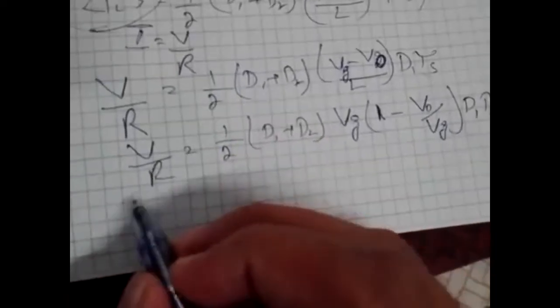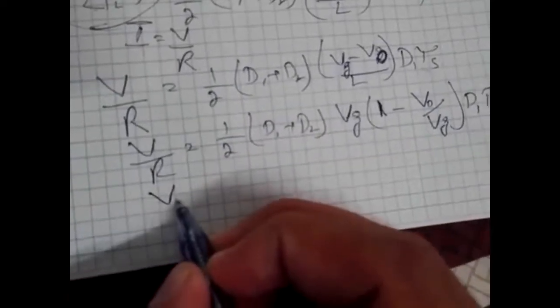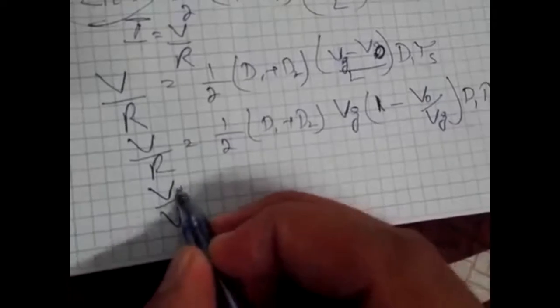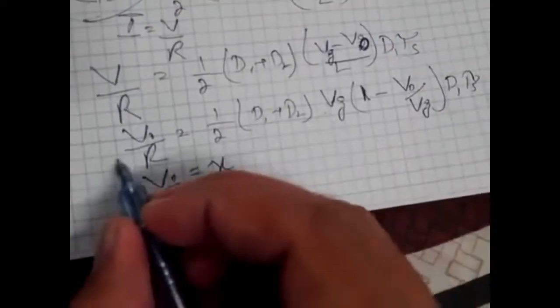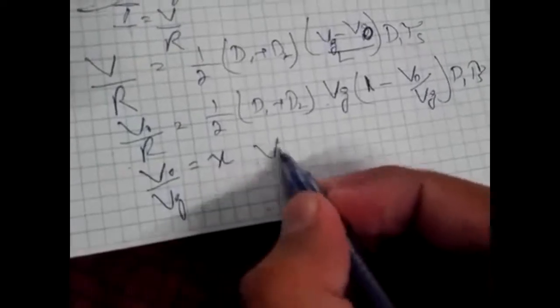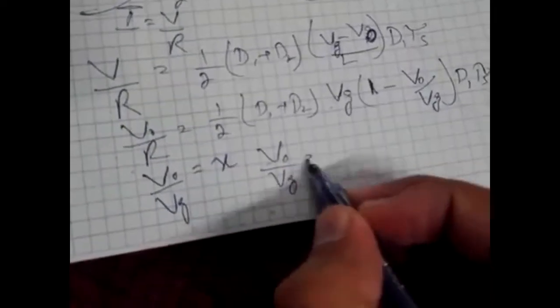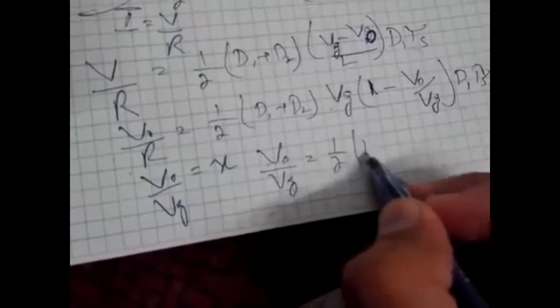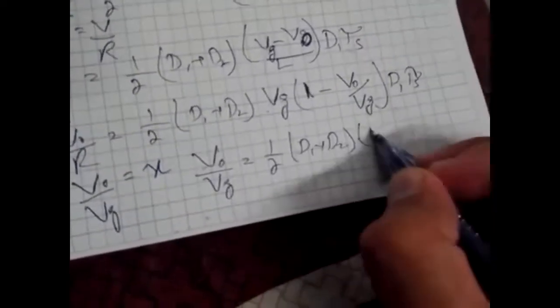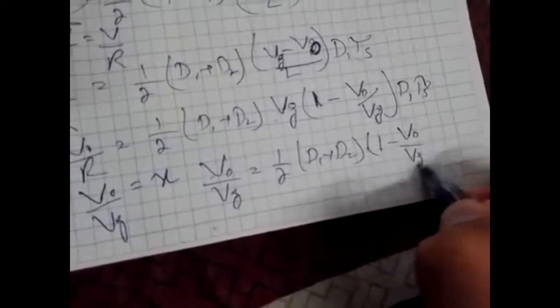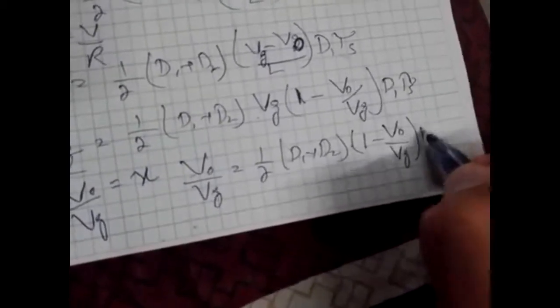So let V by Vg be equal to X. So this Vg has come here, so it becomes V0 by Vg, and 1 by 2 (d1 plus d2) into (1 minus V0 by Vg) d1 Ts.